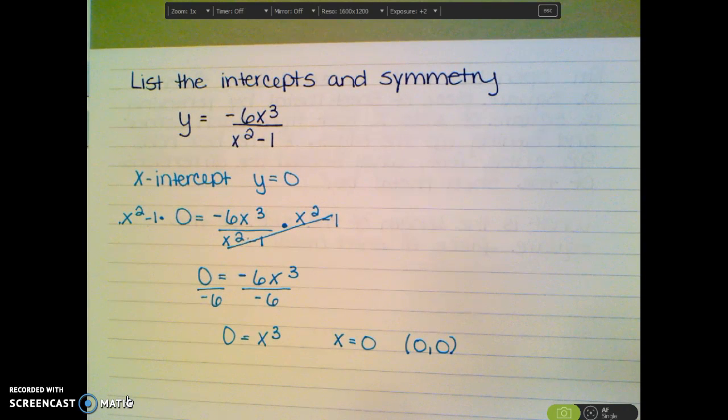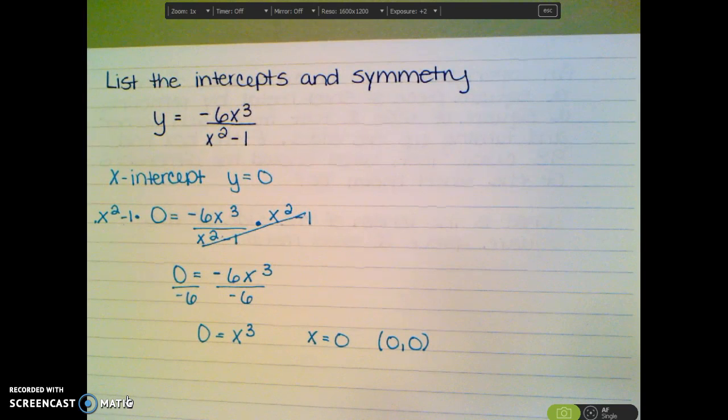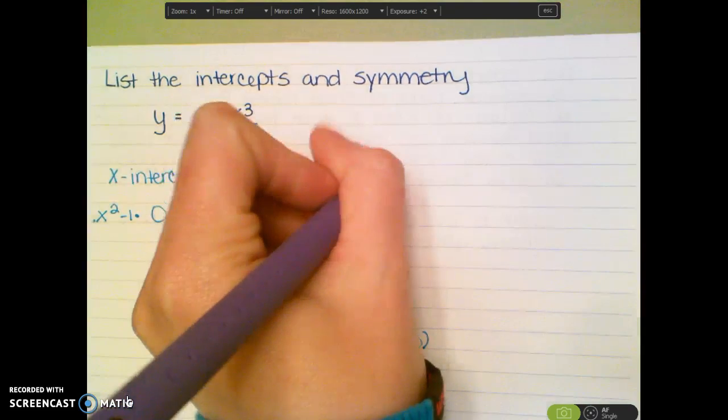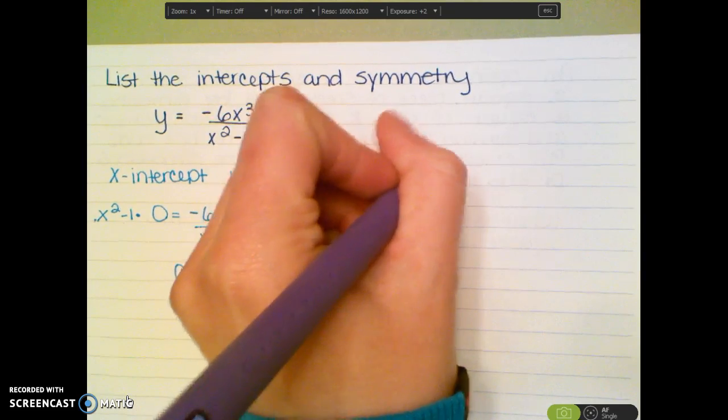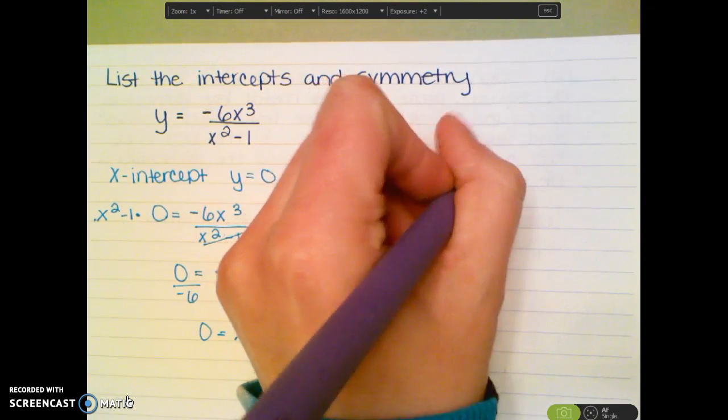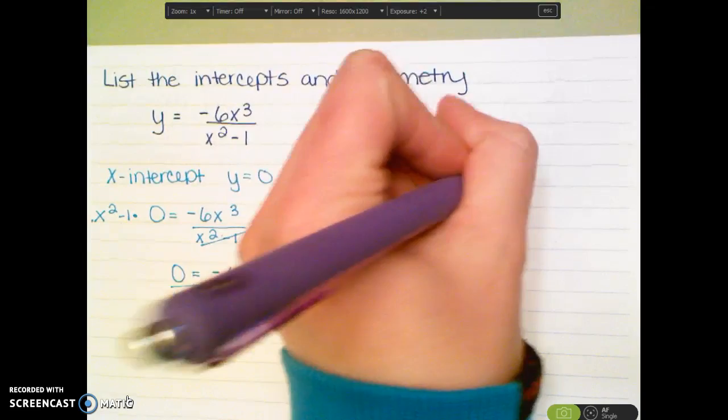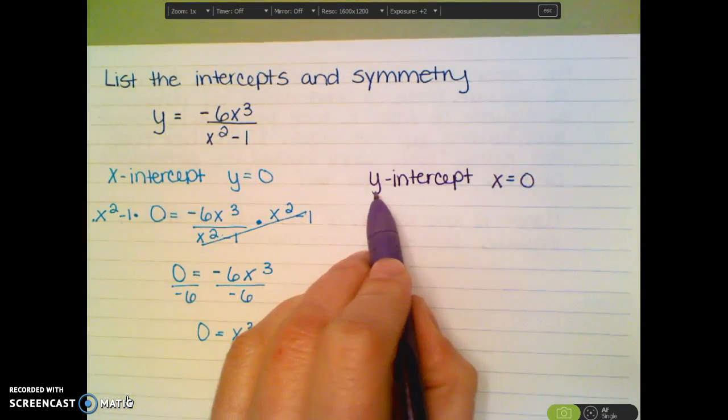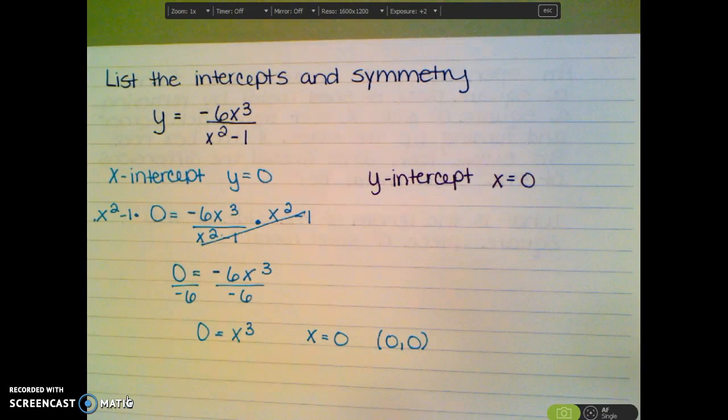Okay. Now let's try our y-intercept. Okay. So the kind of reverse, I guess you could say it, happens with the y-intercept. With the y-intercept, you replace x with 0 because we're looking for the y. Okay?